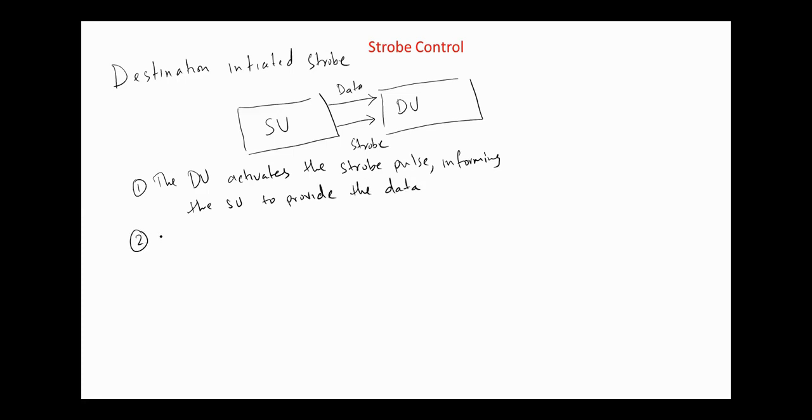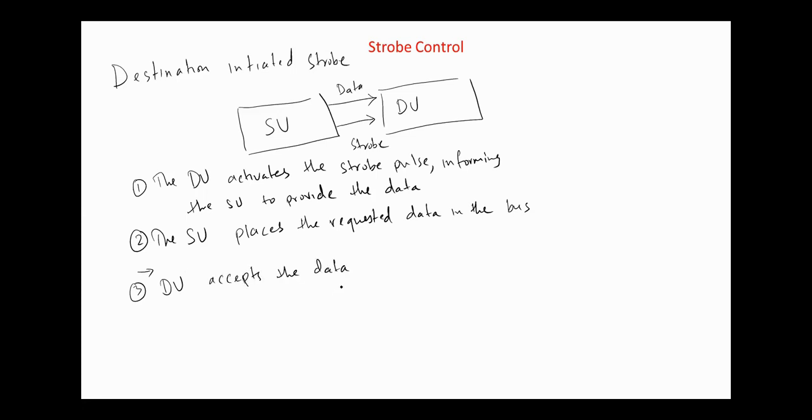The source unit responds by placing the requested data in the bus. The data must be valid and remains in the bus long enough for the destination unit to accept it. And again, the following edge of the strobe can be used to trigger a destination register.